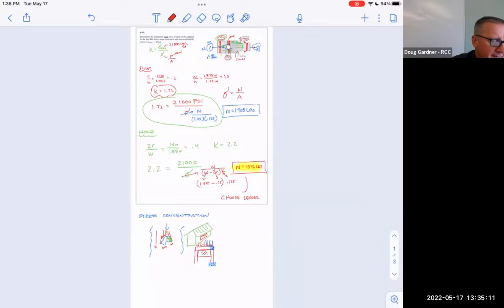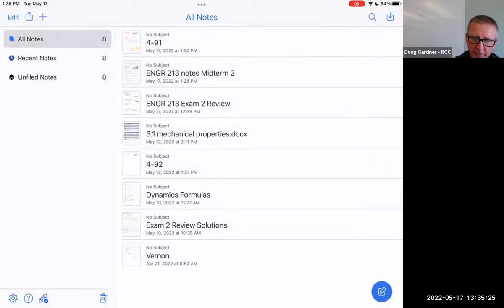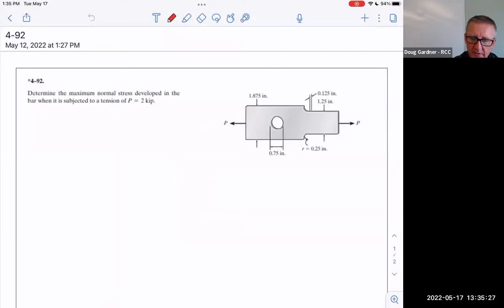So to that end, let's take a look at, I don't think we'll do this other problem, but I just want you to look at it really quick so you kind of see the difference. Notice what this question is asking. It's the same exact drawing.